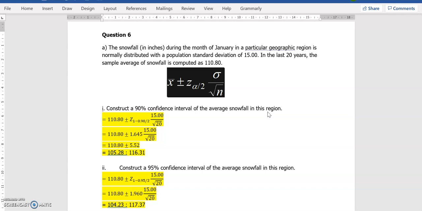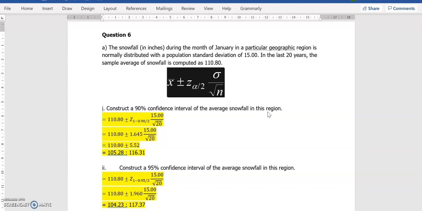the population. So interval estimate will help us to estimate, to figure out, to determine 2 points in which we believe that the actual value of the population is located.